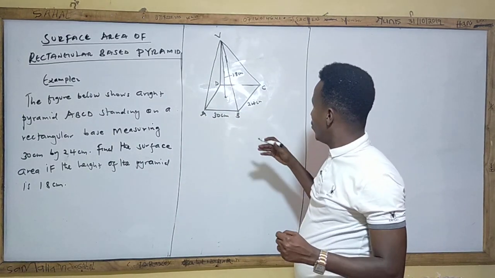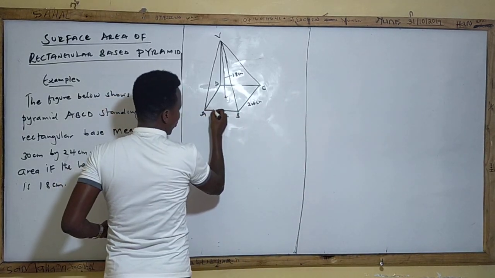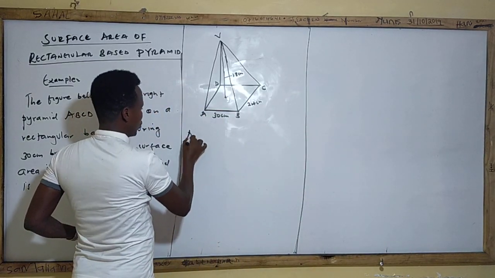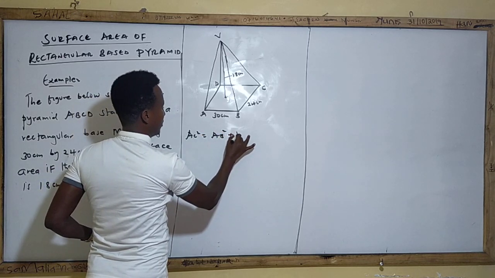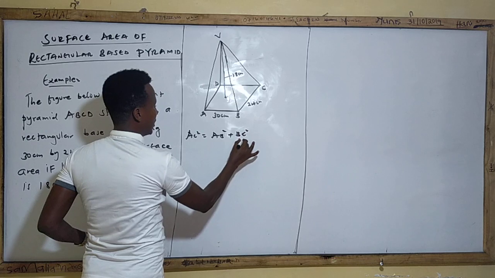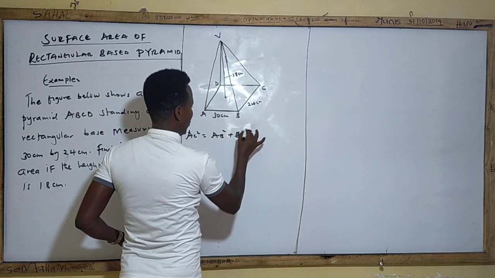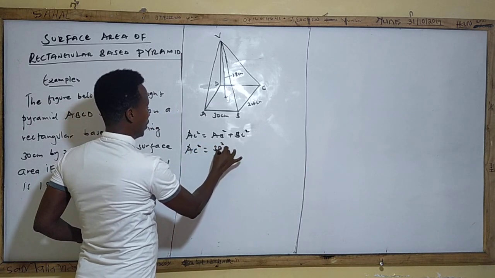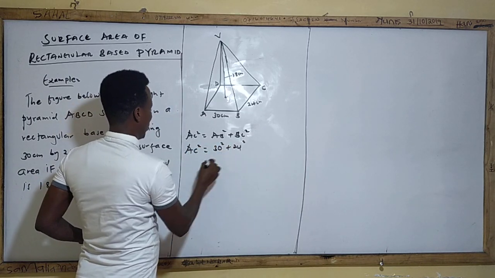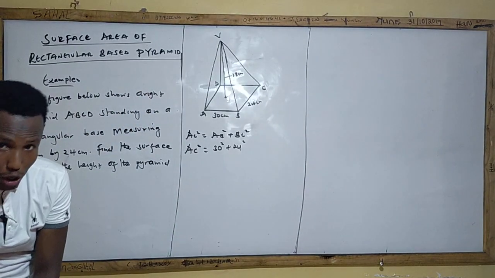We will get AC first. When the figure is drawn like this, you're going to get AC. So AC squared is equal to AB squared plus BC squared. So AC squared is equal to that squared plus 24 squared. Let me get the calculator. Make sure you also have your calculator.